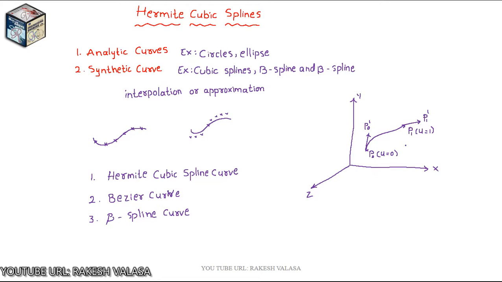It also shows that the curve's shape can be controlled by changing its endpoints, that is P0 and P1, and its tangent vectors P0 dash and P1 dash. If the two endpoints, that is P0 and P1, are fixed in space, the designer can control the shape of the spline by changing either the magnitudes or the direction of the tangent vectors, that is P0 dash and P1 dash.